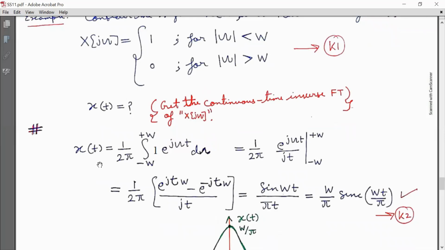Now I am going to apply the formula for the inverse continuous time Fourier transform. That is, x(t) is equal to 1 by 2π integration from minus W to W of 1 times e raised to the power jωt dω.